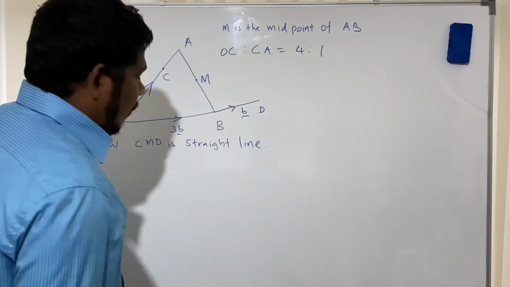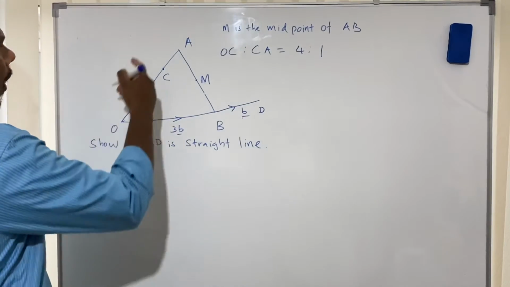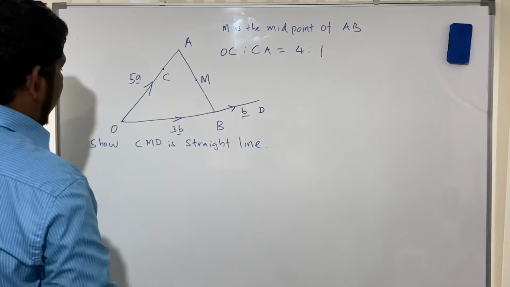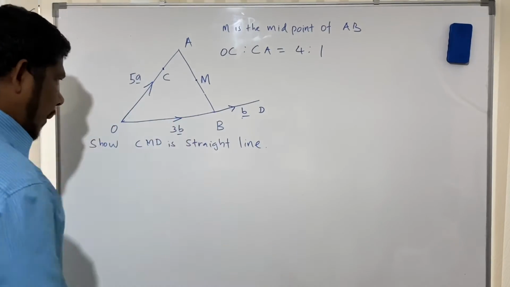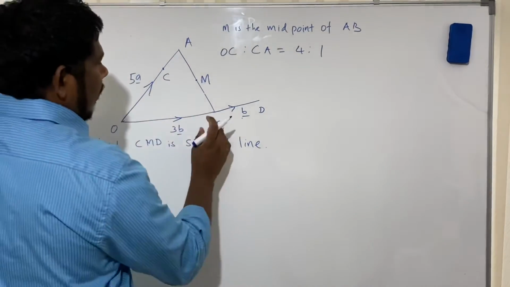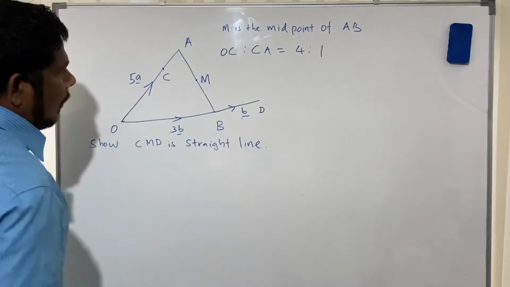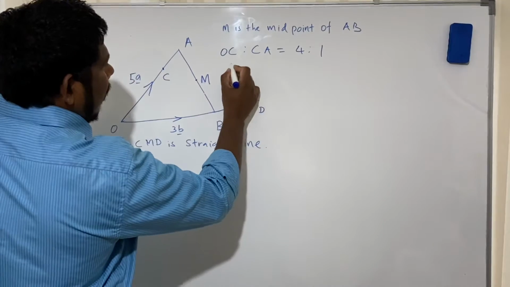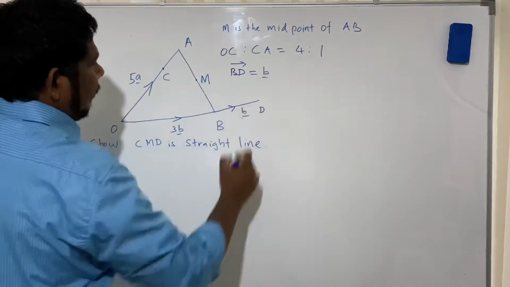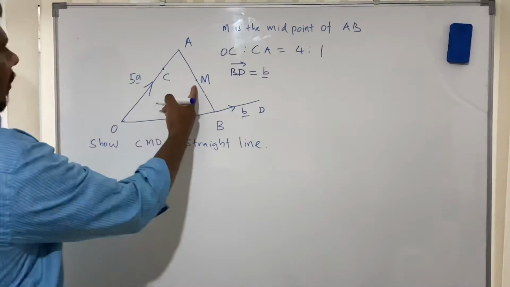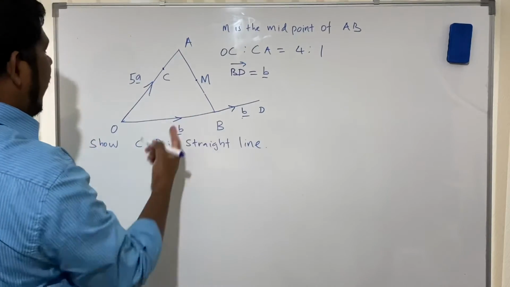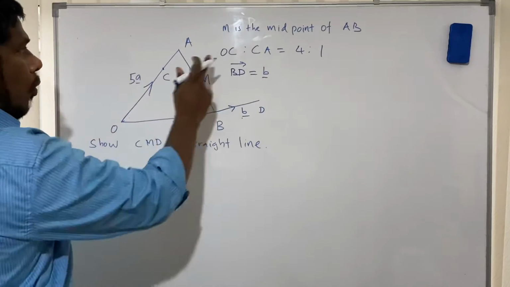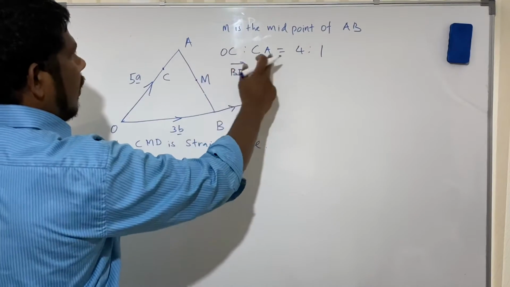Now we can do another question. OAB is a triangle, and vector OA is 5A and vector OB is 3B, and OB is extended to D, and vector BD is B, and M is the midpoint of AB, and C is the point where the ratio of OC to CA is 4 to 1.